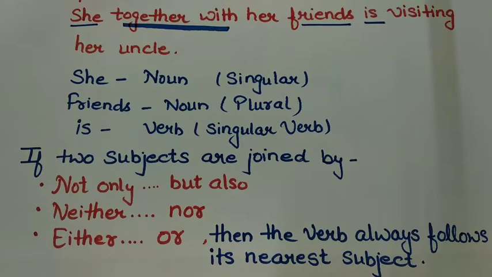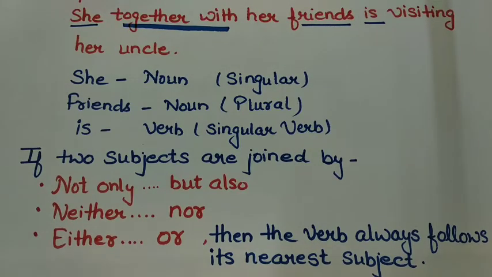The second rule says, if two subjects are joined by words like not only but also, neither nor, either or, if such kind of words are there, then the verb always follows its nearest subject. Now what I want to clarify here is, you have to take care of how you are connecting two nouns or pronouns.